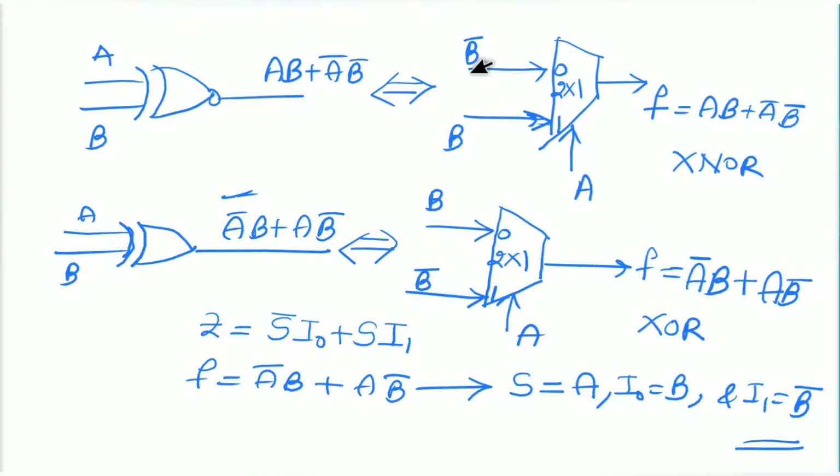But here you can make a note that you need one more gate, that is a NOT gate. In order to generate this B bar, you need a NOT gate.